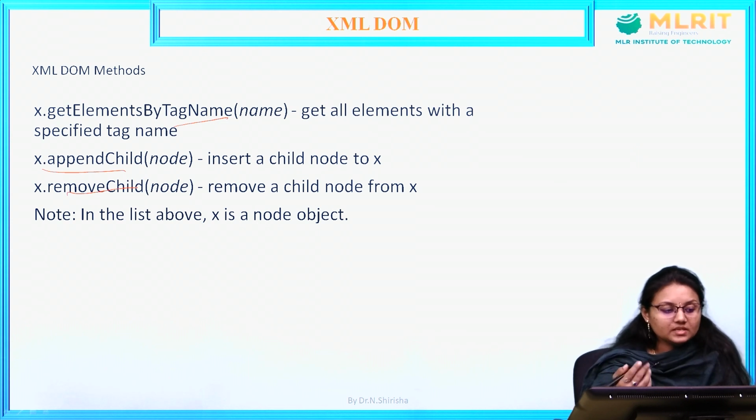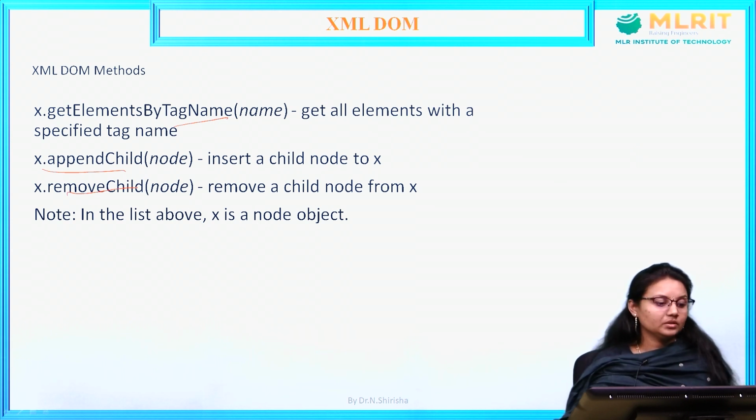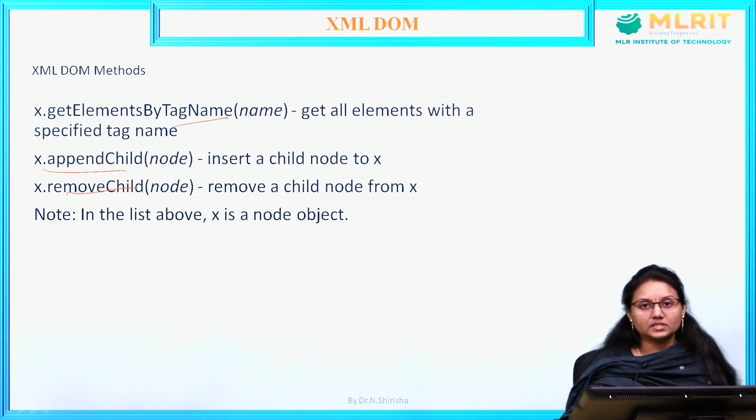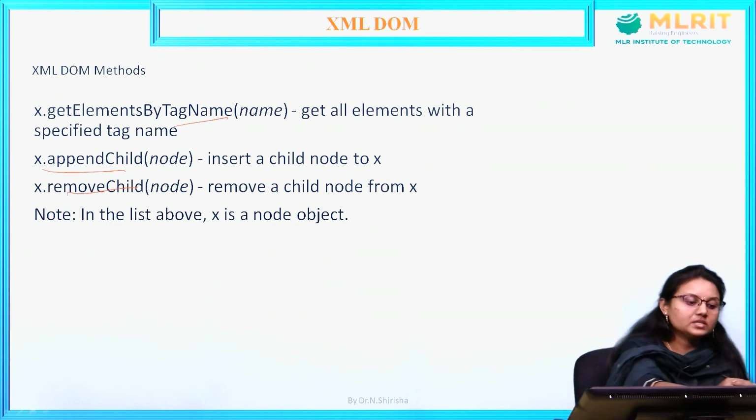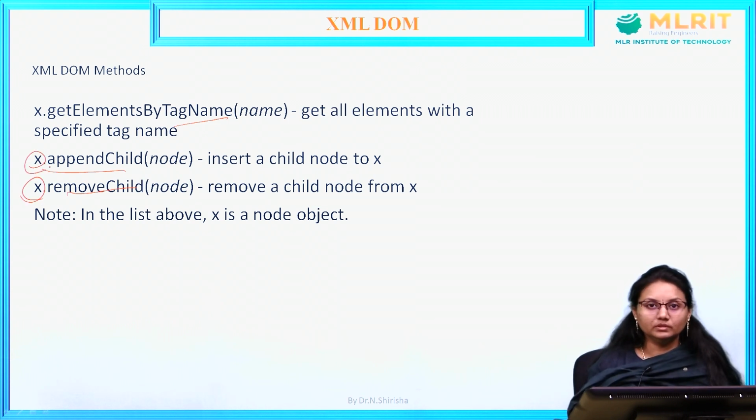So X is nothing but the node object. Node object means whatever object we are going to create, like XML doc we have created, parser we have created. So all those are nothing but the objects. Document dot get element by id in the first example, so document is the object there. So X is nothing but the object that we are going to create.